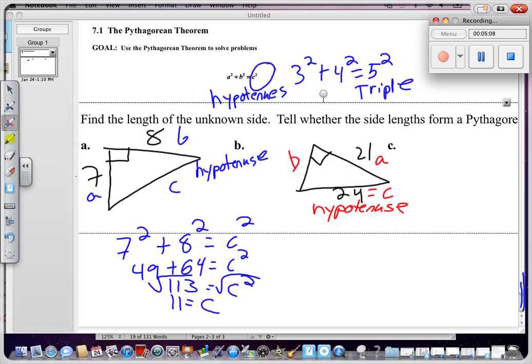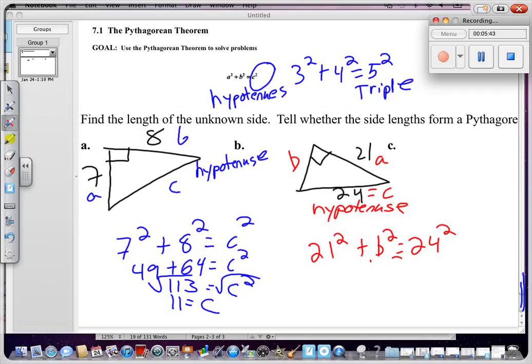Now I'm just going to plug it in. I'm going to say A squared plus B squared equals C squared, which is 24 squared. And it's all calculator work, right? It doesn't matter if I have A squared plus 21 squared, those can be changed, because 2 plus 1 is the same as 1 plus 2, always. So 21 squared is 441, plus B squared equals 576.